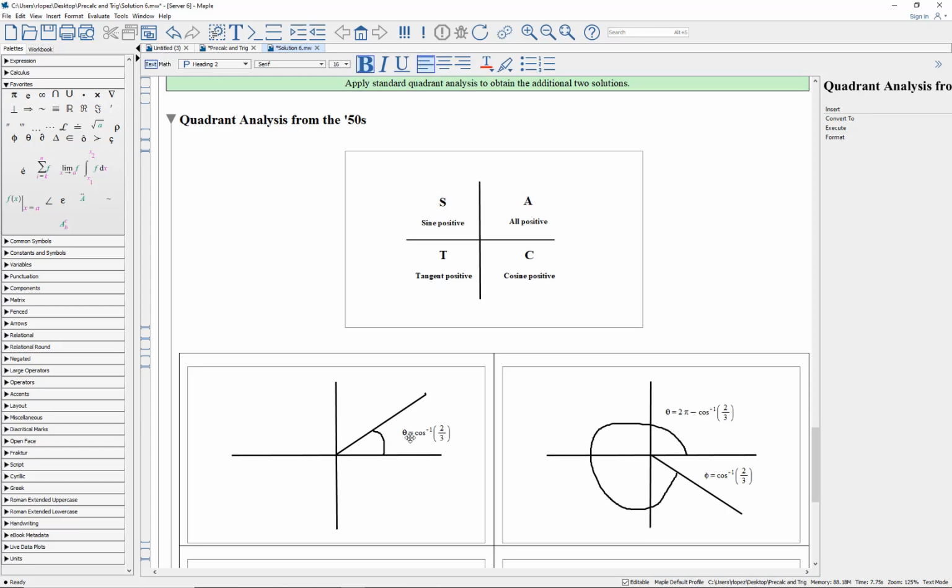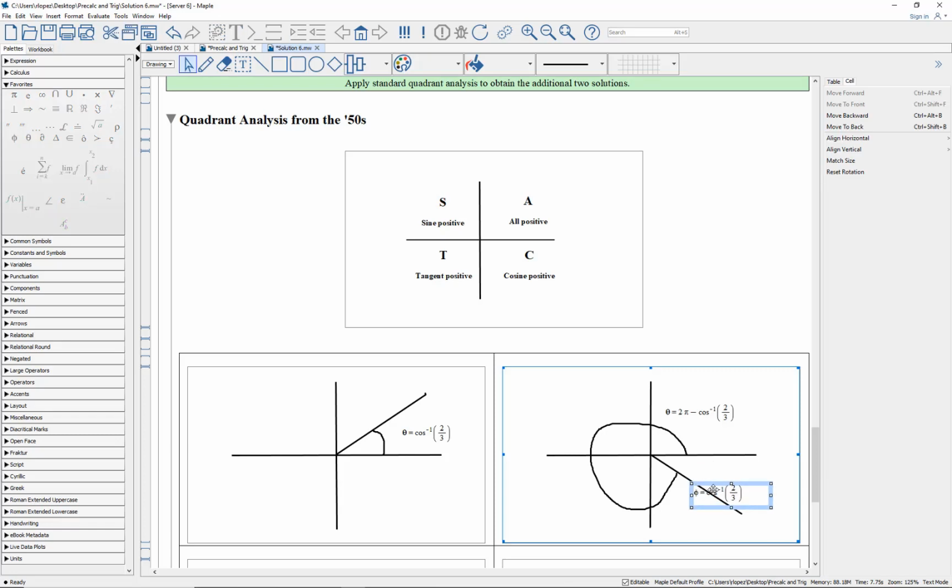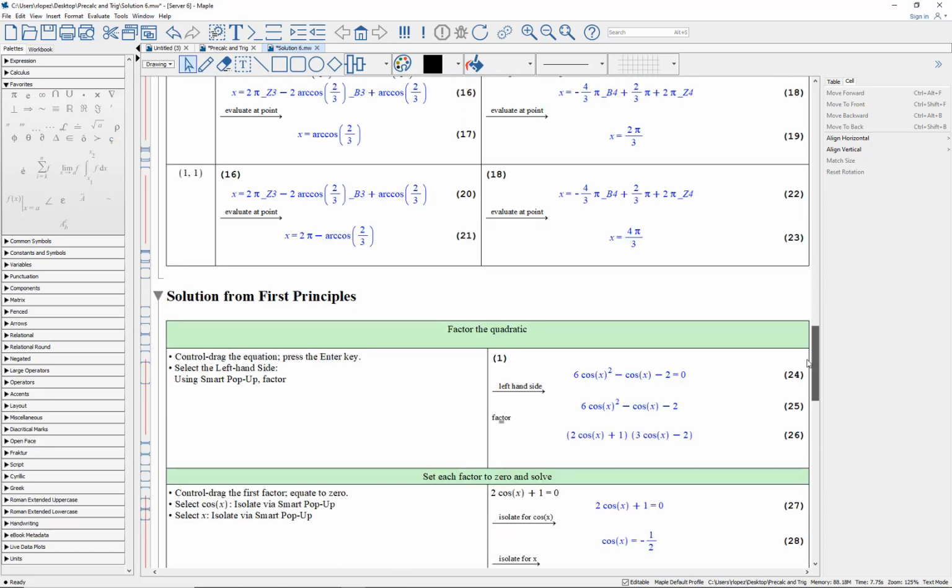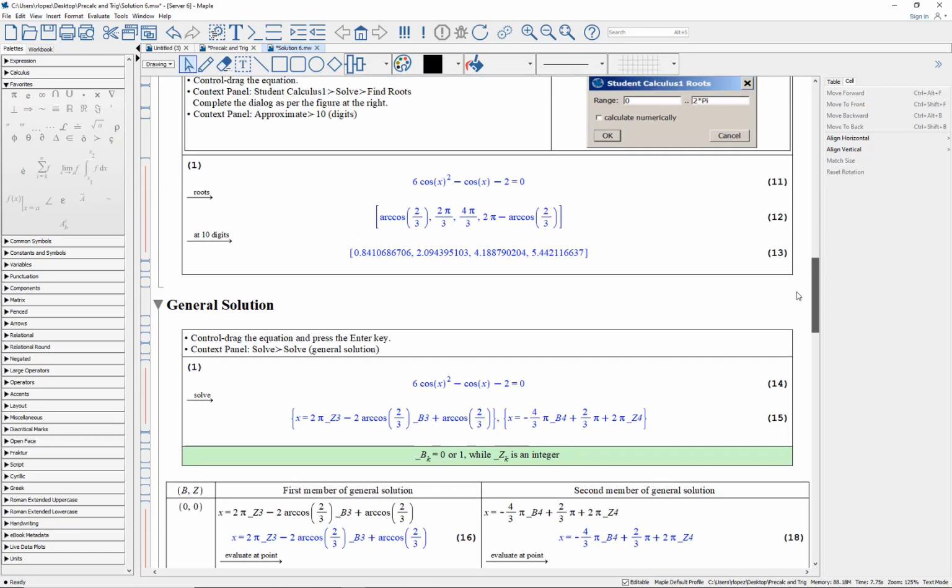So you take this angle as a reference angle in the fourth quadrant. The angle theta that you're looking for is then this one, which is 2 pi less phi. So it's 2 pi minus the arc cosine of 2/3. And if we go way back up here to where we got the 4 solutions, there's one, there's the other.